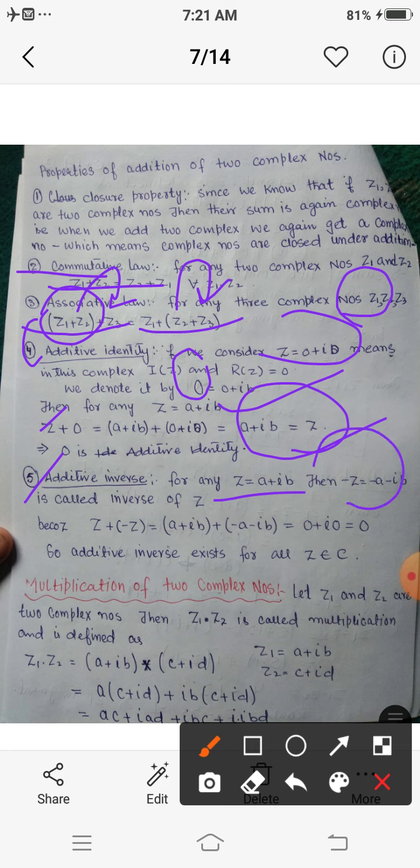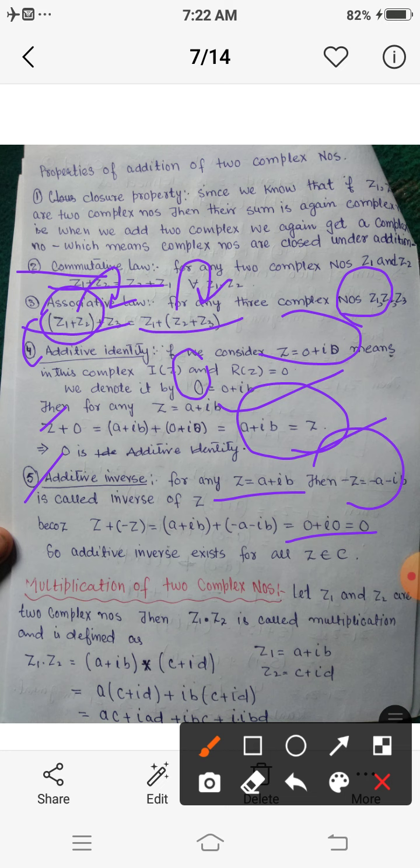Its real and imaginary parts are simply the negatives of the real and imaginary parts of the given complex number. Then z plus minus z equals a plus iota b plus minus a minus iota b, which is simply 0 plus 0 iota, or simply the zero complex number. So there exists an additive inverse for any complex number.